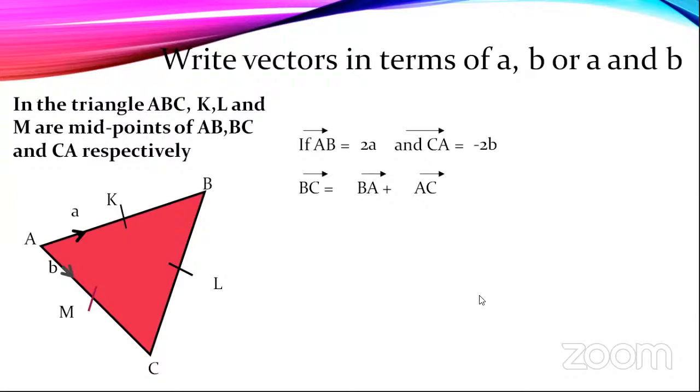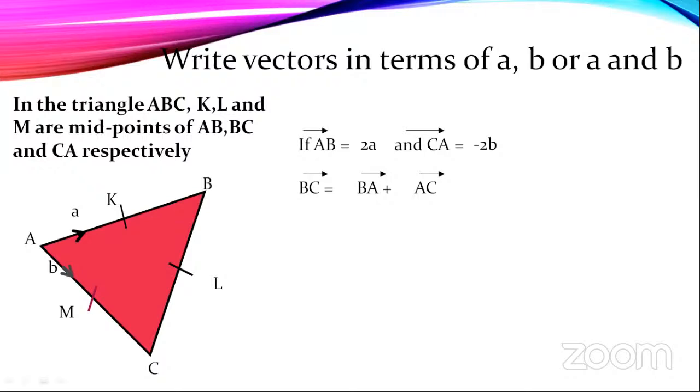Now we already know that AB is 2A. So let's see if they know what vector BA would be, miss. Thank you very much, Mrs. Burrell. So if vector AB is 2A, what would be vector BA? All right, Tamika, negative 2A. Good job.